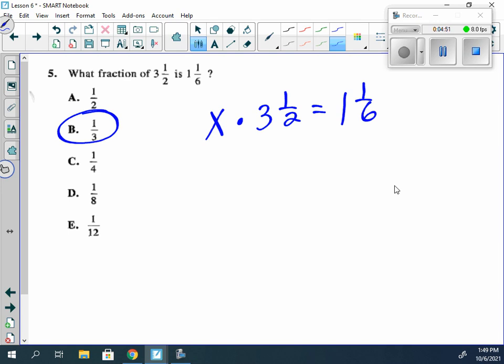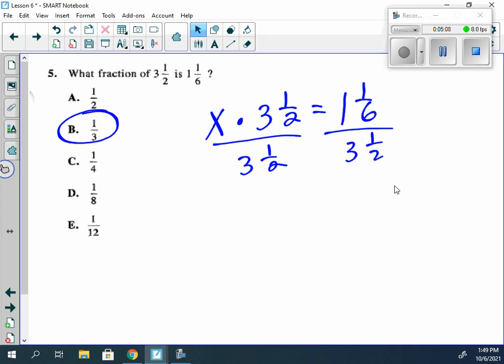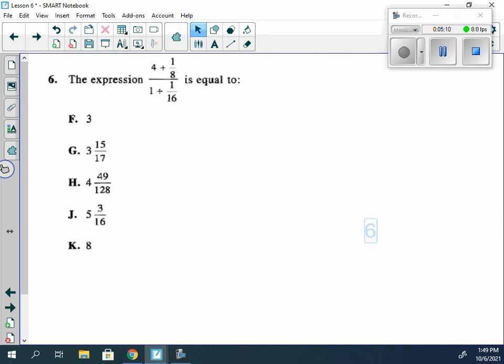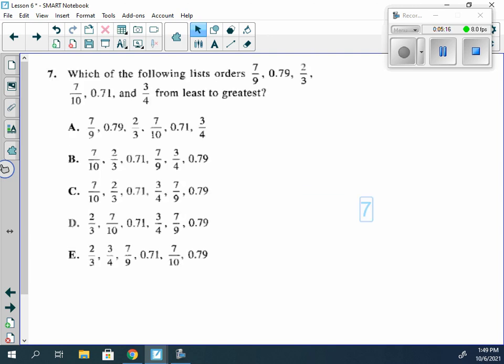We're trying to solve for x, so we would divide both sides by 3 1/2. We kind of good with this here? Y'all can do that, yes? Yep.